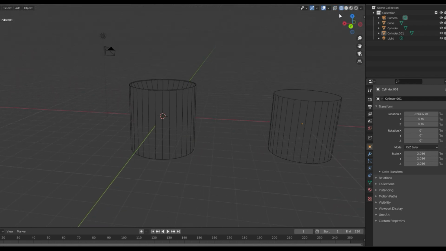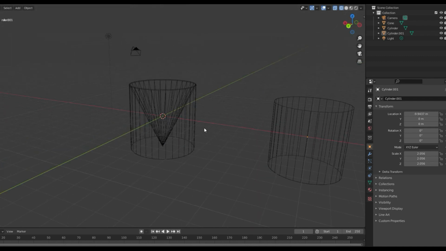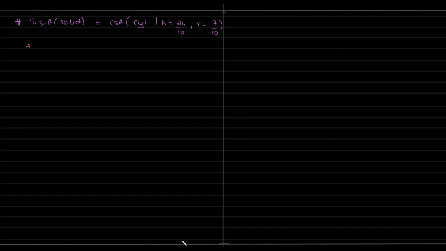We have the cone. The cone also gives us some surface area. So curved surface area of the cone. Again, all these are curved surface area. So slant height, because we use slant height, and radius is 7 by 10.